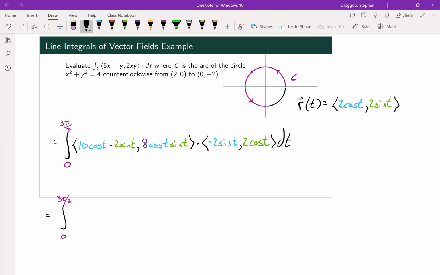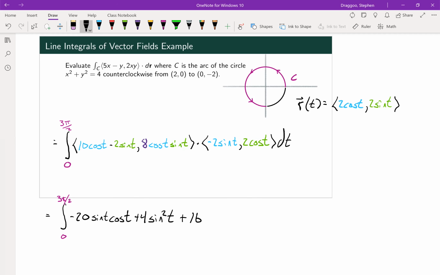We'll get -20 sine t cosine t, minus a negative, so plus 4 sine times sine, so sine squared of t, plus into that next piece, 2 times 8 is 16.